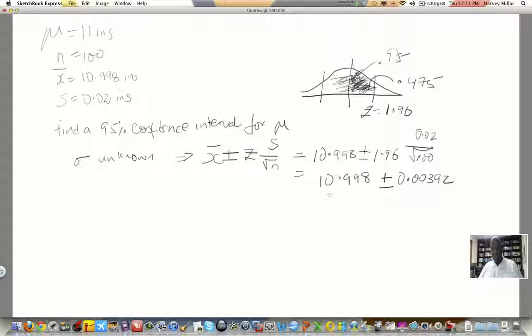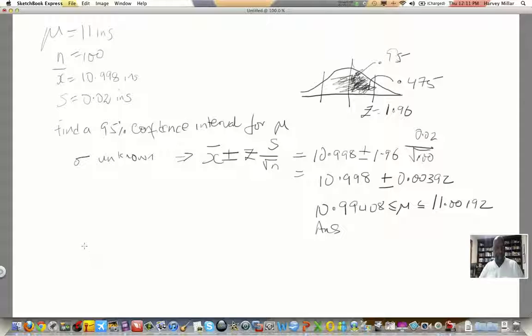So if we expand that, we will get 10.99408, and so the mean is greater than or equal to this value, and less than or equal to 11.00192. All right. So that's our answer in terms of the confidence interval. This is what we've calculated for this question.